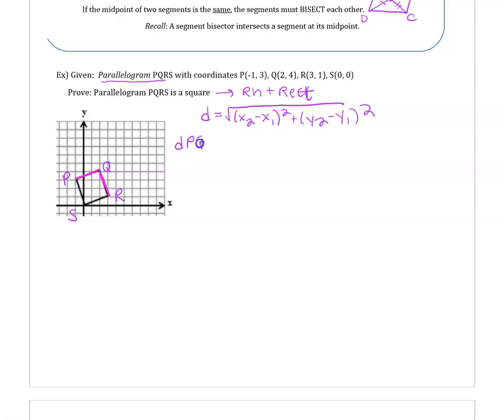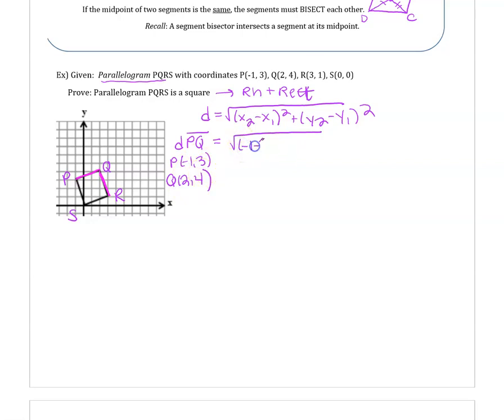So I'm going to find the distance of PQ. Now P is the coordinate -1, 3. Q is the coordinate 2, 4. And I like to list my coordinates right below it so that I'm not straining my eyes looking up here, because I tend to copy it wrong otherwise. Okay, so it doesn't matter who's x1 or x2 as long as you're being consistent.